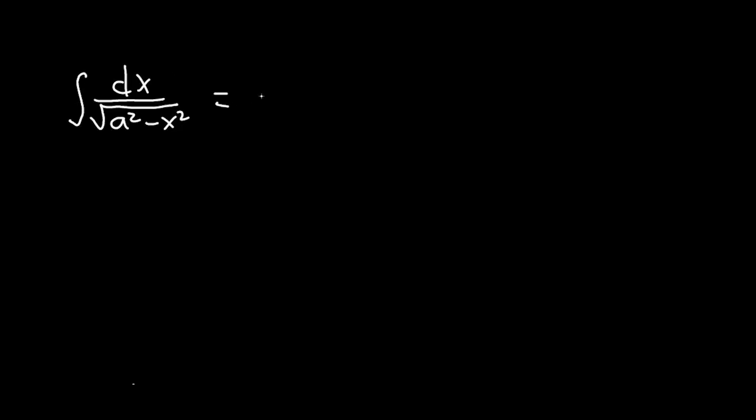Okay, if you check this one, 1 over the square root of a squared minus x squared. It's going to give you inverse sin of x over a, plus the arbitrary constant, which we call the constant of integration. So that's for this function.